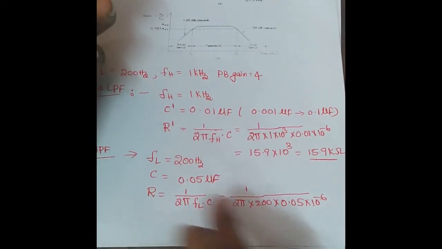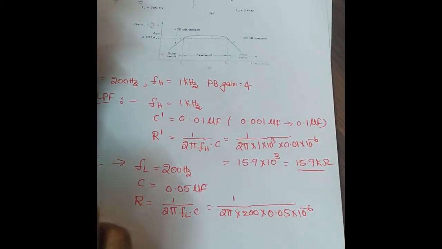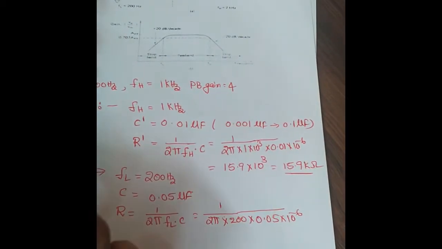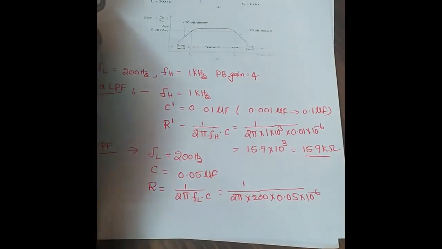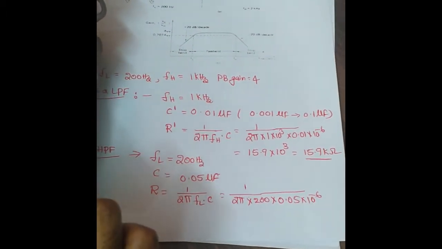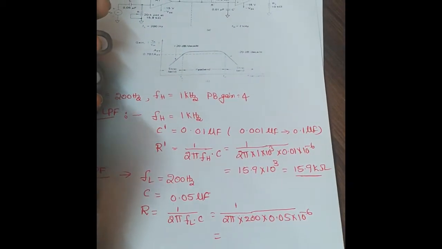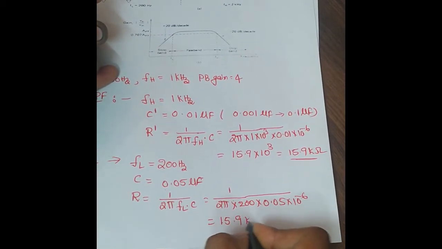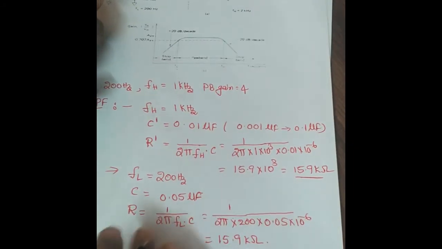If we calculate this, 2 into pi into 200 into 0.05, which is equal to some value, make inverse for this one, which is equal to 0.0159 into 10 cube, which will become 15.9 kilo ohm. So this is for the high pass filter section.